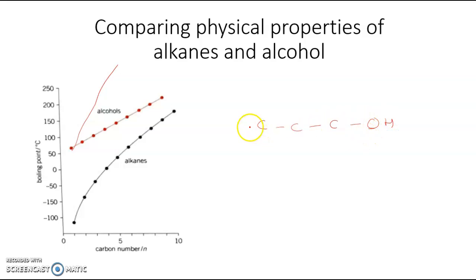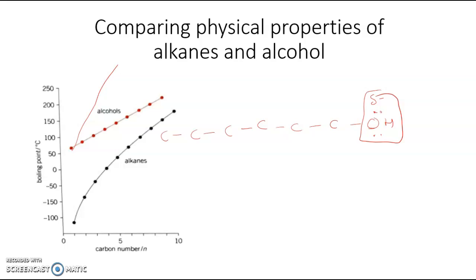If that's the oxygen there, as I increase the carbon chain, this part of the molecule is the one that forms hydrogen bonding with water. It's important to note that as the carbon chain increases, the contribution of the OH group decreases, and then the alcohol will resemble an alkane more closely. So the higher the number of carbon atoms, you will find that it starts to resemble an alkane in its physical properties.